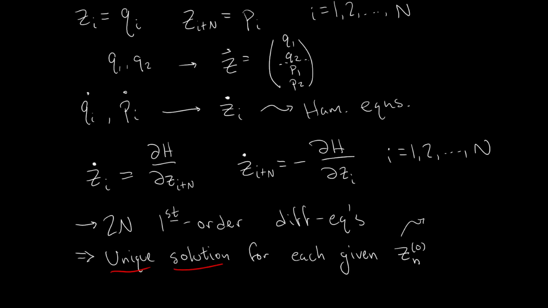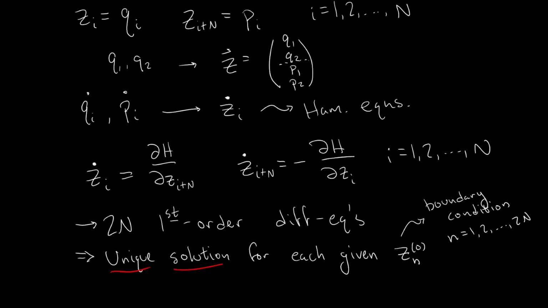So this is my boundary condition, where now I'm assuming that n runs all the way to 2n. So all of my z's need some boundary condition. Another way of saying it is each of my first order differential equations needs some boundary condition. So I need 2n boundary conditions. And once I specify that, I have a unique solution, right? This is just a property of differential equations.